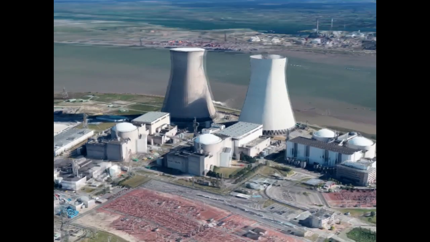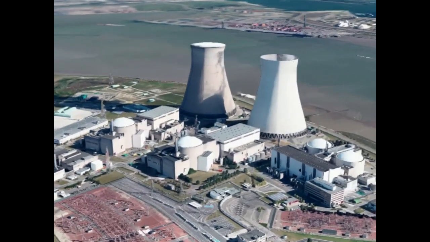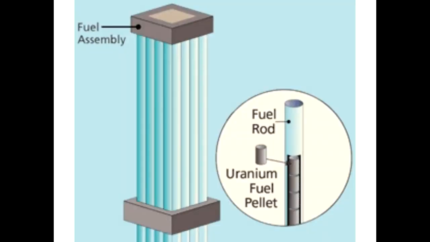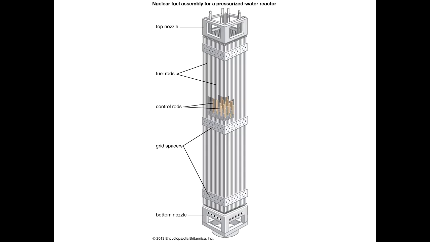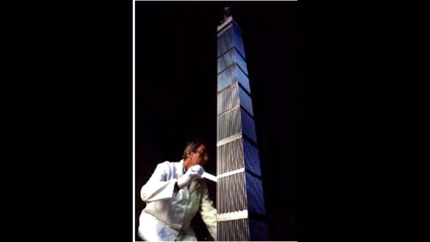But wait, it's getting more interesting when you look at a fuel assembly. You have a round one, you have a squared one. Are you getting it, people? Yes, you got it?